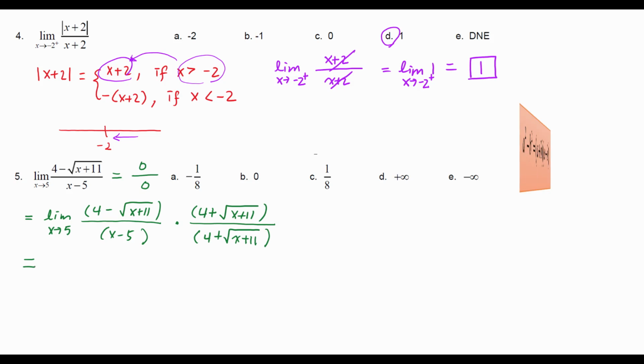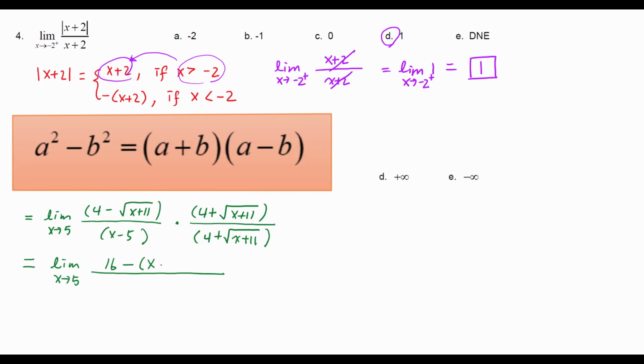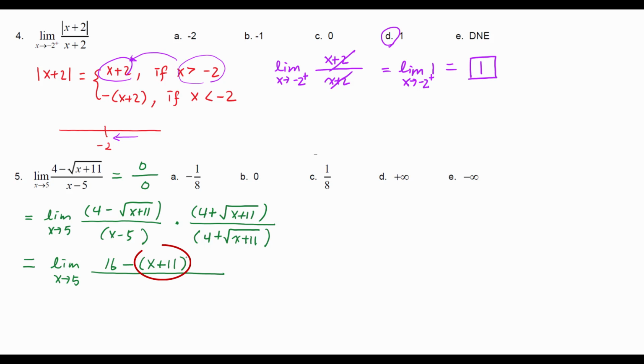So then my numerator is a minus b times a plus b, which is a squared minus b squared. So when you square the 4, you get 16. When you square the radical, it goes away. But don't forget to put a parenthesis there since you are subtracting everything inside of a square root.